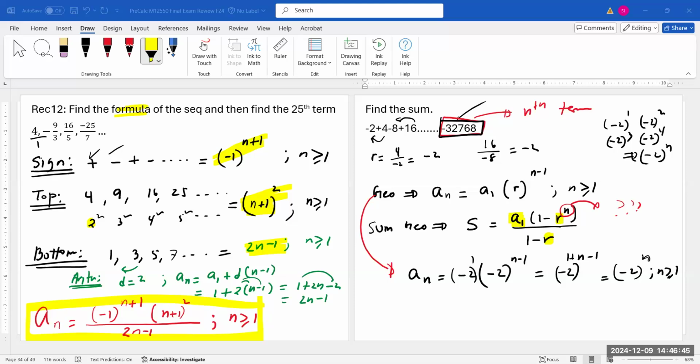Let me go to the review sheet and see. Is it from the exam 4 review sheet? Okay. 33.